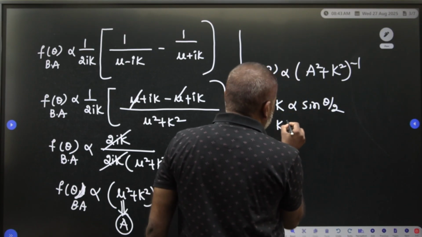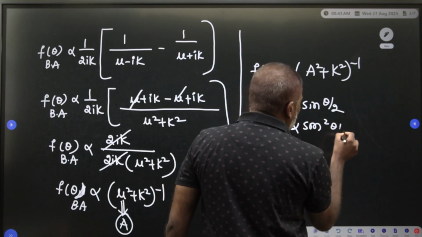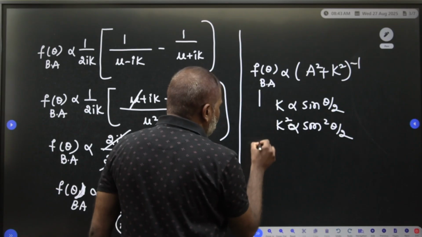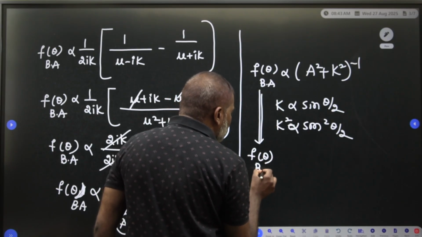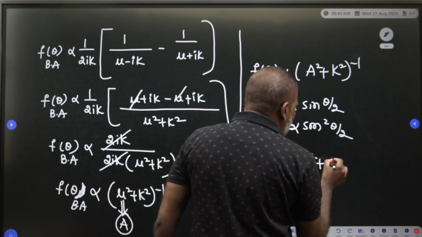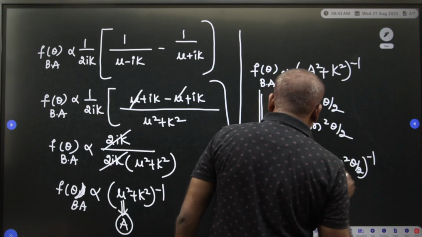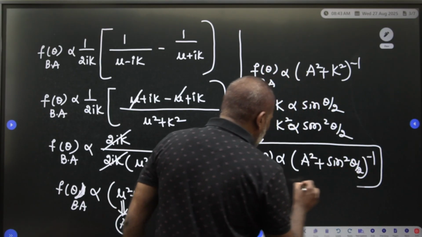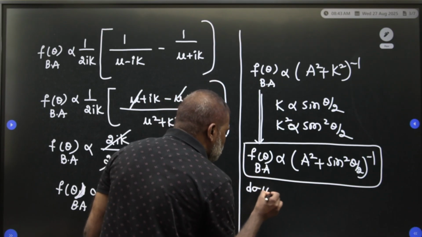Therefore k square is sin square theta by 2. So f of theta under the Born approximation is directly proportional to (a square plus sin square theta by 2) to the power of minus 1.